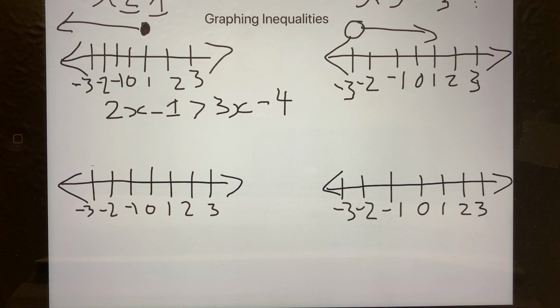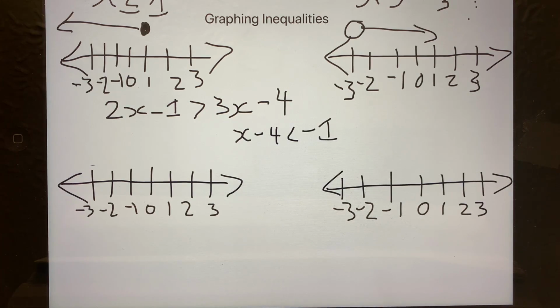Alright, so from here, let's move our constants to one side and our variables to the other, just like how we solve a normal equation. And if you want reference, you guys can go back to the last video, the one I just did before this one. So anyways, let's go back. So we would have x minus 4 is less than -1.